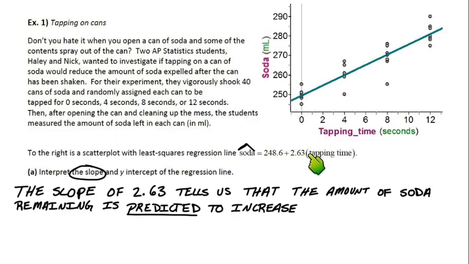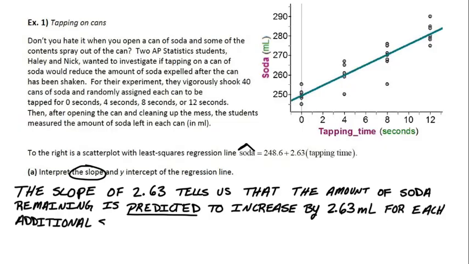So that's where this 2.63 came from. So it's predicted to increase by 2.63 milliliters for each additional second that you tap on the can, because slope, this would be like 2.63 over 1. So for each additional 1 second that the can is tapped.